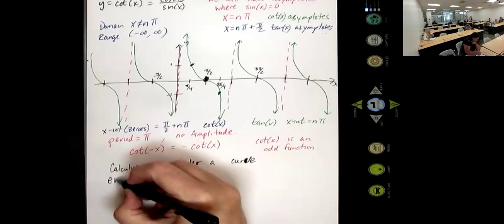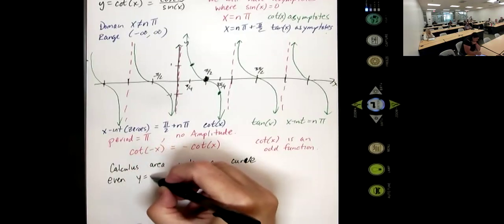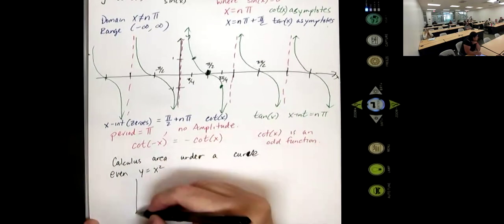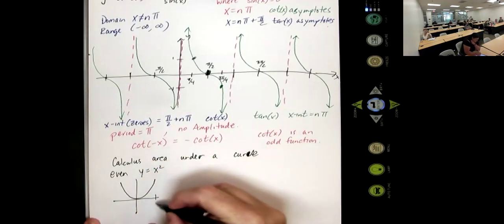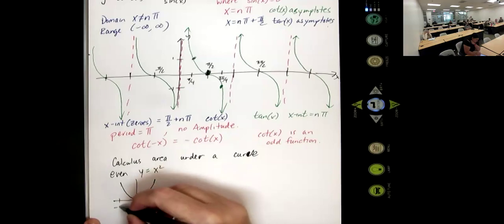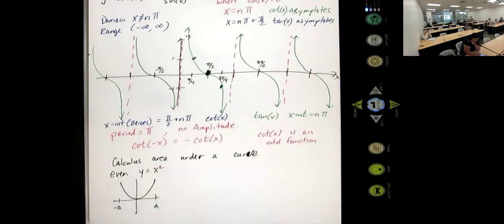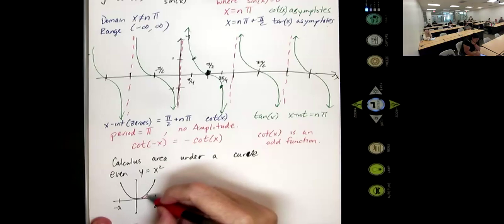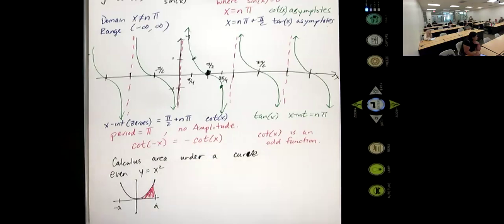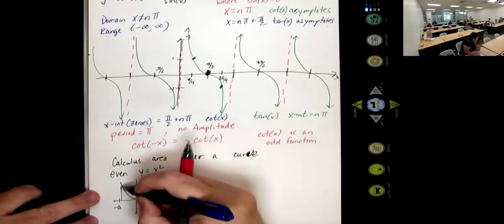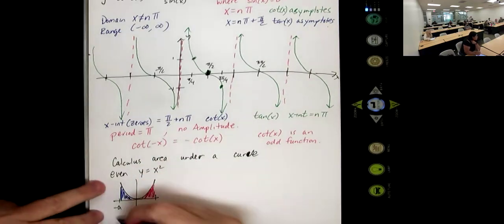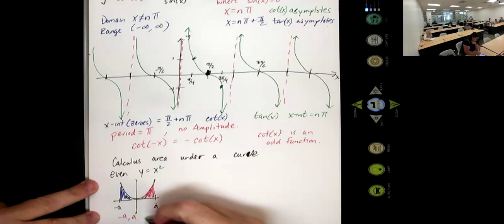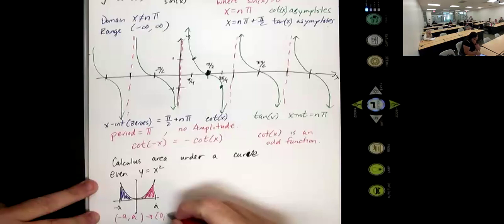So an even function like y equals x squared, if I go from negative a to a, this area is the same as this area. So rather than doing negative a to a, we can do 0 to a times 2.